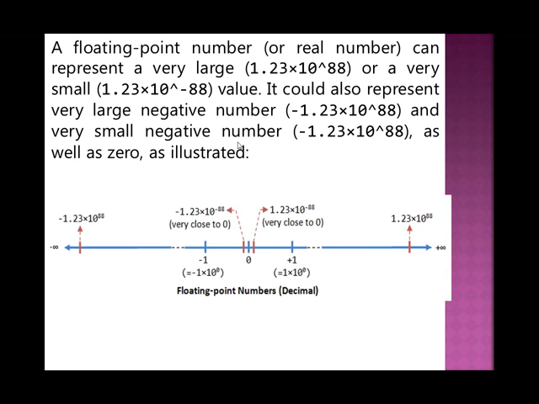A floating point number can represent a very large or very small number, whether it is a large negative or small negative number. It considers both positive as well as negative values, as well as both large and small numbers.